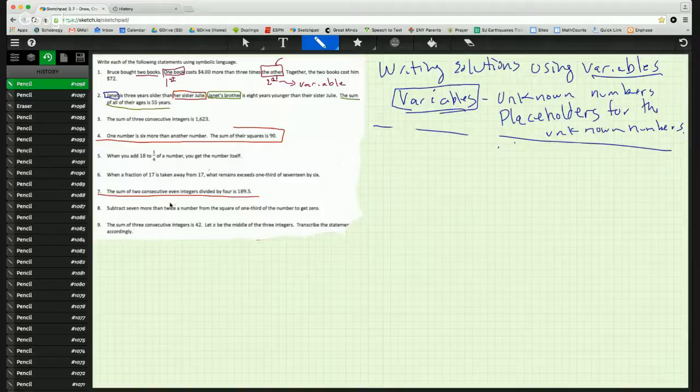The sum of 2 consecutive even integers divided by 4 is 189.5. Now let's think about it.